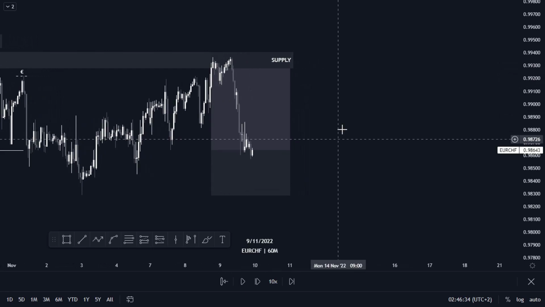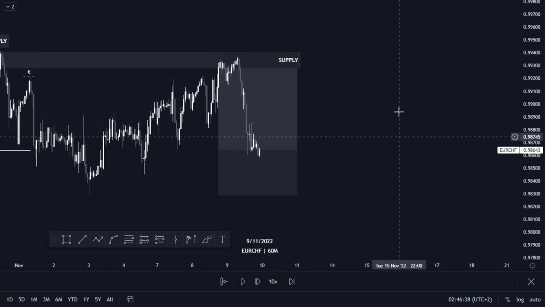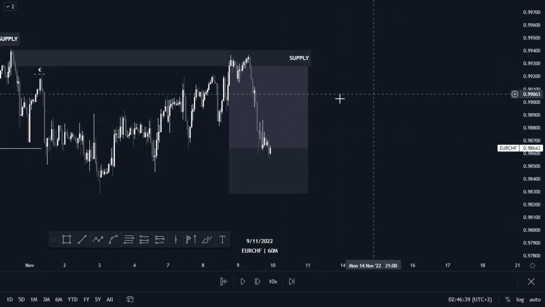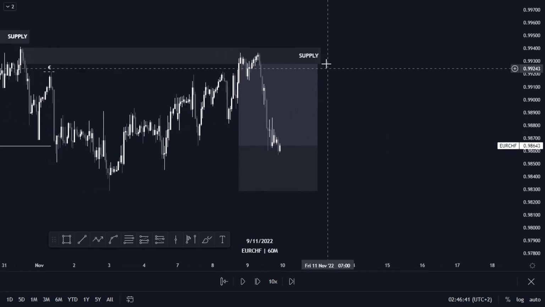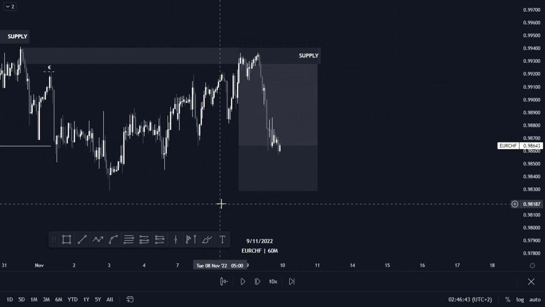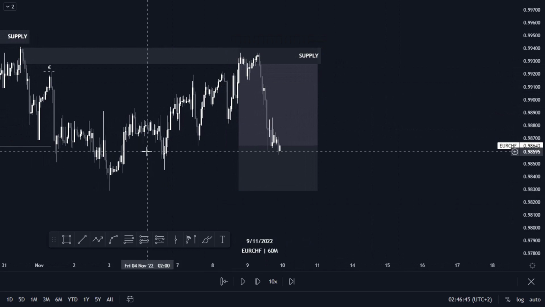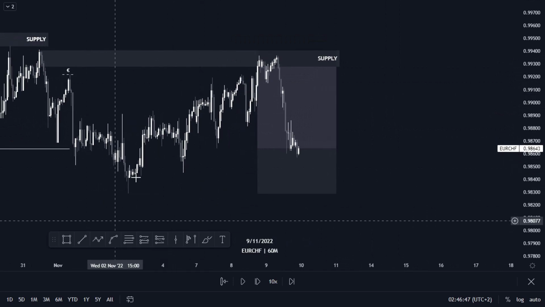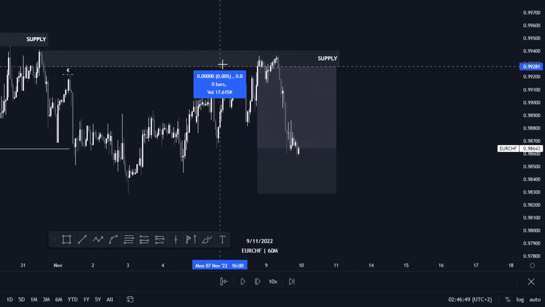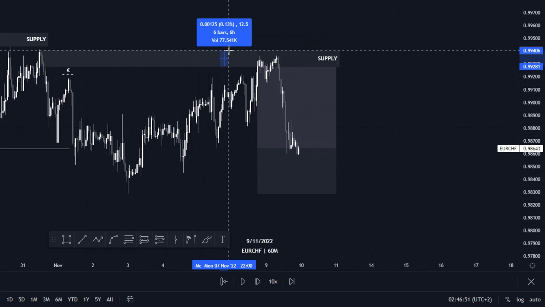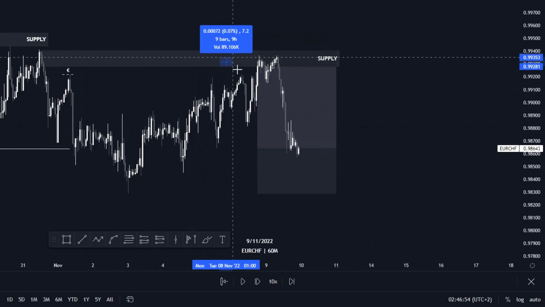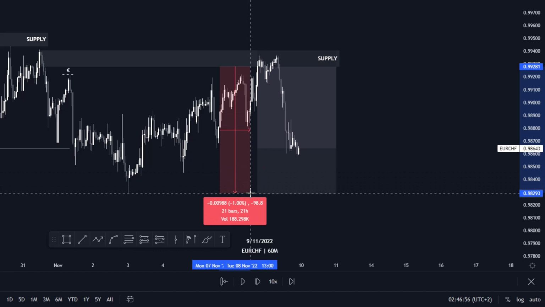Okay, let's see what price gives us. So price pushes to the downside like that, and initially if you opened a lot 1 on your 10k USD account here, you would be risking 130 US dollars for a trade that's worth 1,000 US dollars.